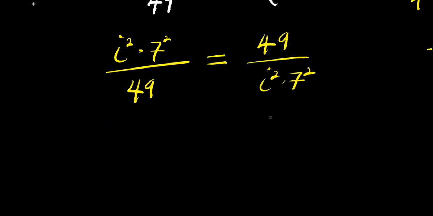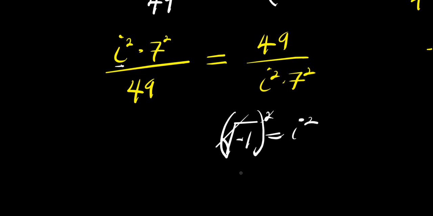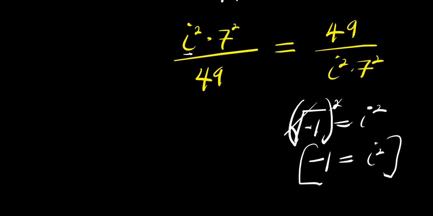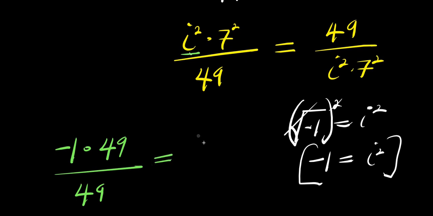So from here, we have i squared. Remember, square root of -1 equals i, so if you take the squares, we have -1 equals i squared. So this is -1 times 7 squared, that is -1 times 49, divided by 49, equals 49 divided by -1 times 49.